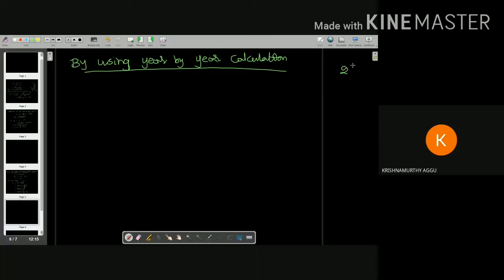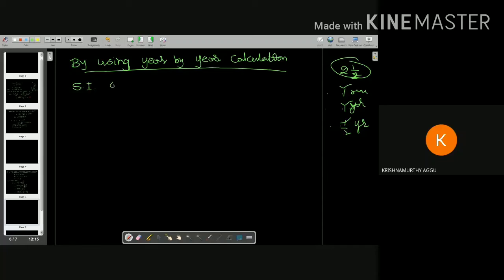In 2.5 years, so time is given as 2.5 years. Year by year calculation, if you wanted to do, so 1 year, 1 year, half year. So 2.5 years is divided into 1 year, 1 year, half year. So we have to find out the simple interest for first year, simple interest for second year, and simple interest for half year.